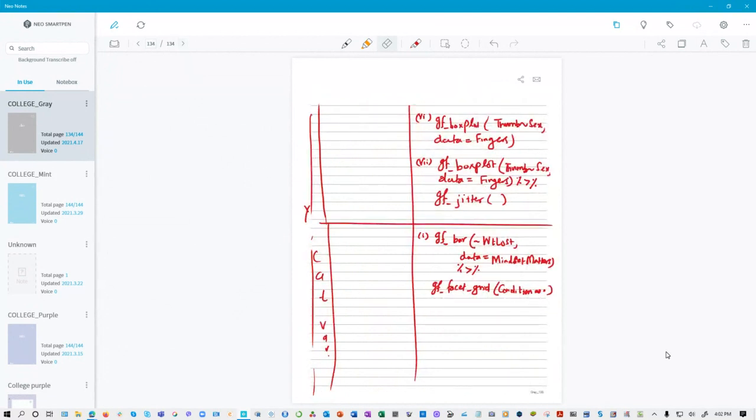Then its counterpart, the second one, is pretty much the same way. gf_bar, weight lost, it's going to go to the x-axis, comma, data MindsetMatters. Then chain with gf_facet_grid horizontally.